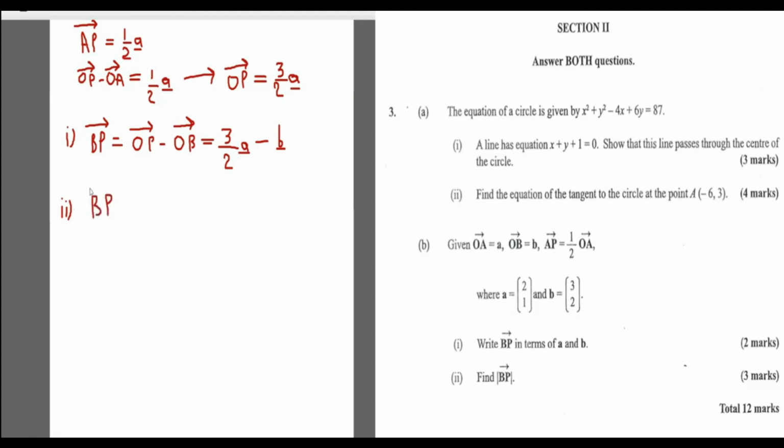Vector BP is 3 over 2A minus B, but vector A is (2, 1), so this is really 3 over 2 times (2, 1) minus vector B, and vector B is (3, 2). 3 over 2 times 2 is 3, and 3 over 2 times 1 is 3 over 2.